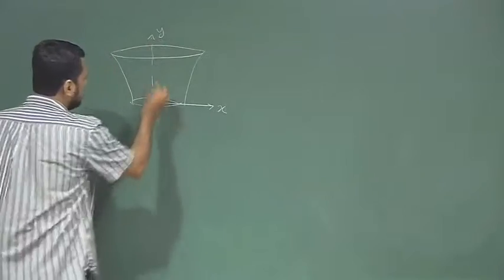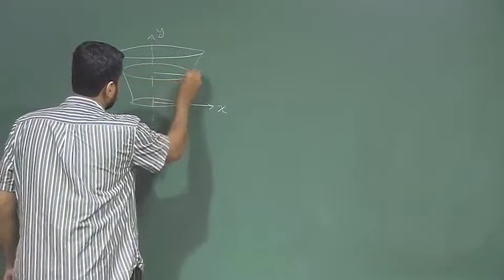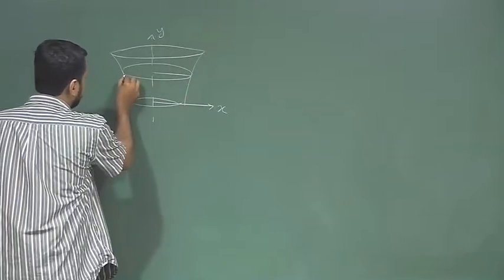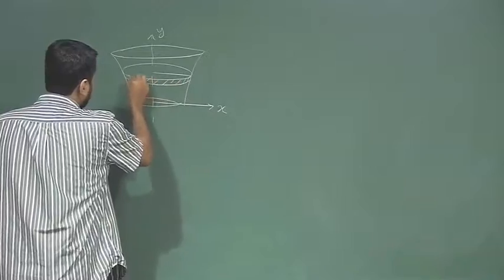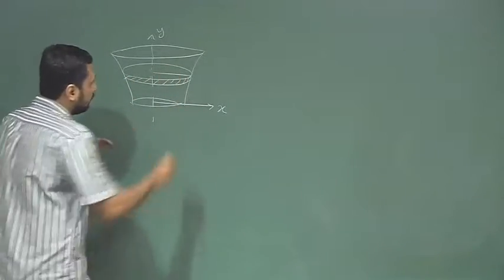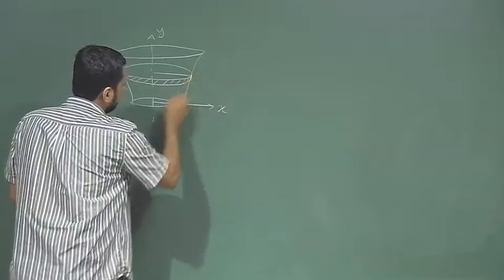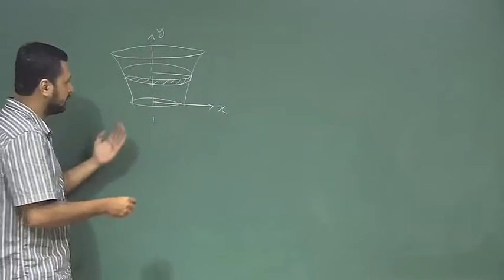So, what we do is we draw a circle, or basically we take a strip of area. Okay. So, the instantaneous radius is at this point. So, we take a slice on the xy plane. Essentially, it is a 3D problem.